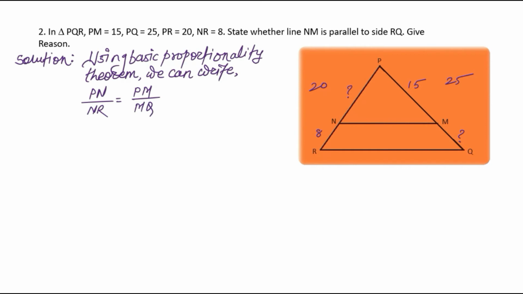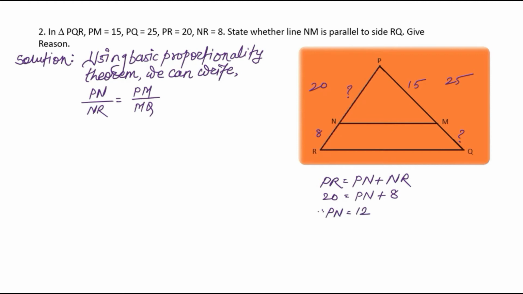But here PN and MQ are missing, and that we can get using equation PR is equal to PN plus NR. As PR is 20, PN we have to find, and NR is 8. So PN is equal to 20 minus 8, it is 12.